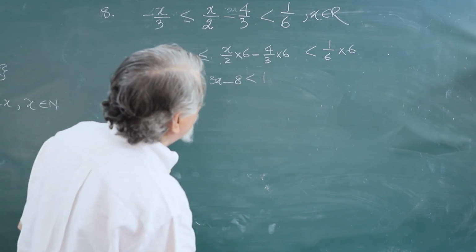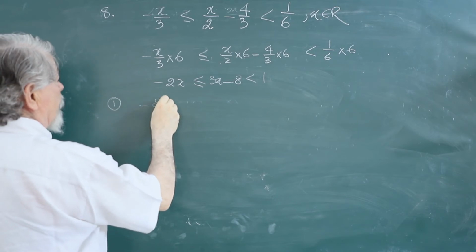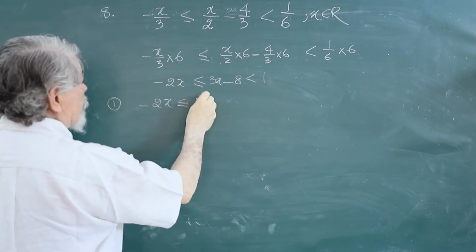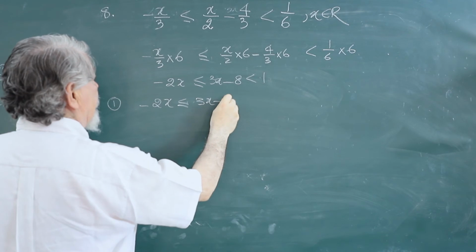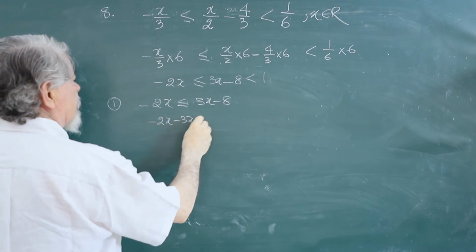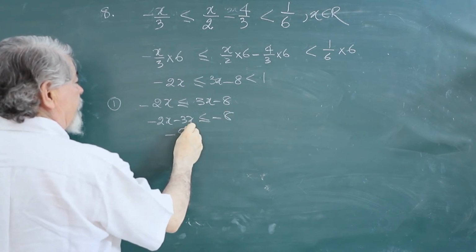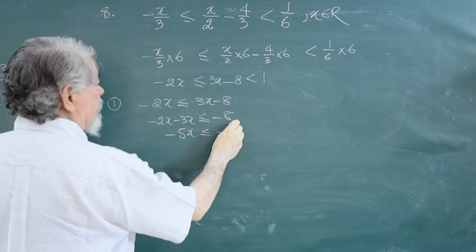Now let us take the first portion as minus 2x less than or equal to 3x minus 8. Minus 2x minus 3x less than or equal to minus 8, minus 5x less than or equal to minus 8.